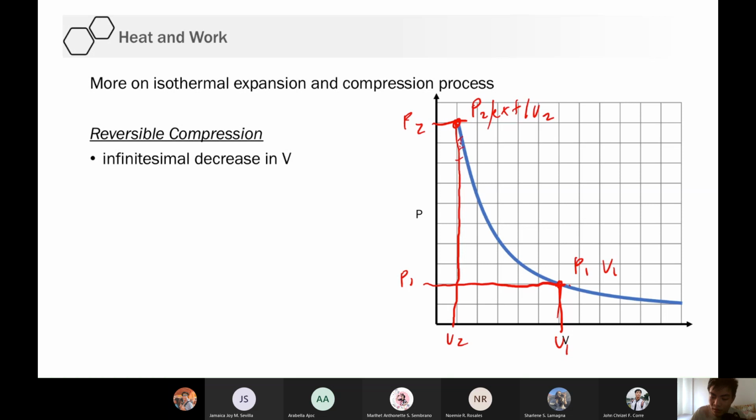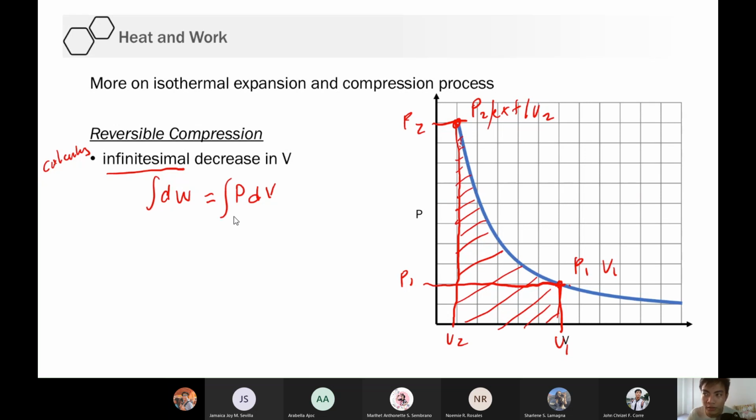So if kukunin natin yung area under this curve, ibig sabihin magka-calculus ulit tayo. Calculus. Basta may makita kayong infinitesimal, calculus yan. Gagamit tayo ng integral calculus. This time, positive na yung work, no? Kasi compression.